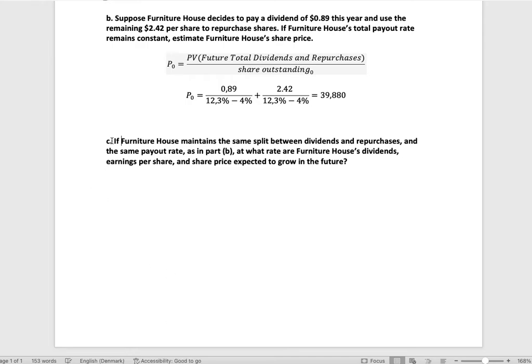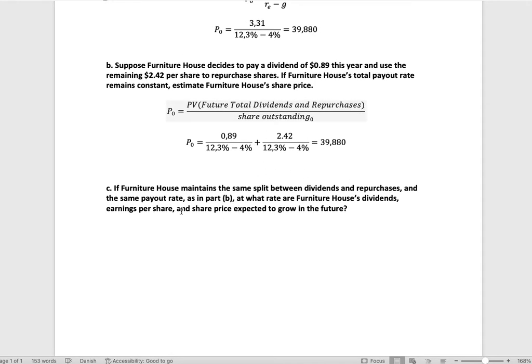Is that okay? Furniture House maintains the same split between dividends and repurchases, and the same payout rate as in part B. At what rate are Furniture House's dividends, earnings per share, and the share price expected to grow in the future? Okay.